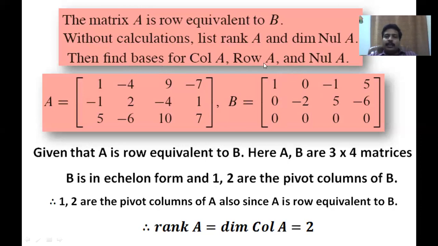Once we know the rank A, we can also tell the dimension of null space A. Since we have 4 columns, n is 4 for this matrix A. So since rank A is 2, dimension of null space A is 4 minus 2, that is 2. So without any calculations, we can also tell the value of dimension of null space A also.